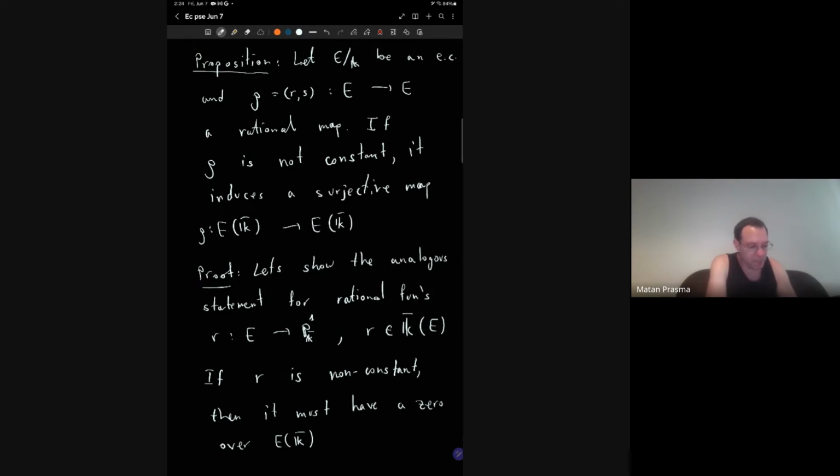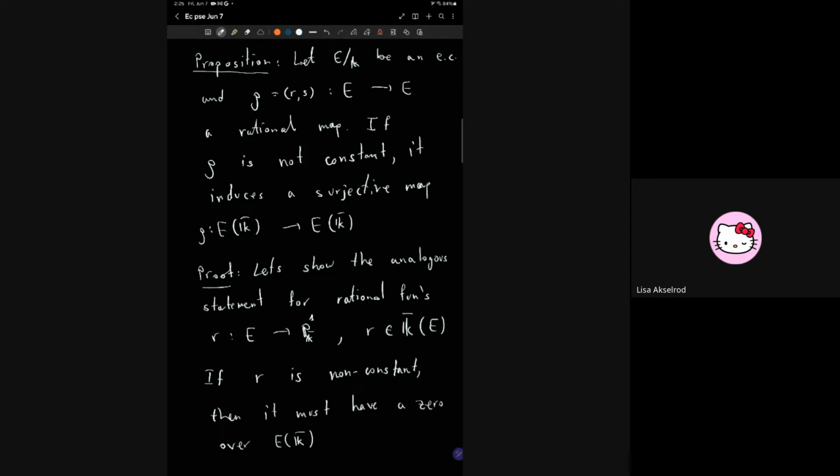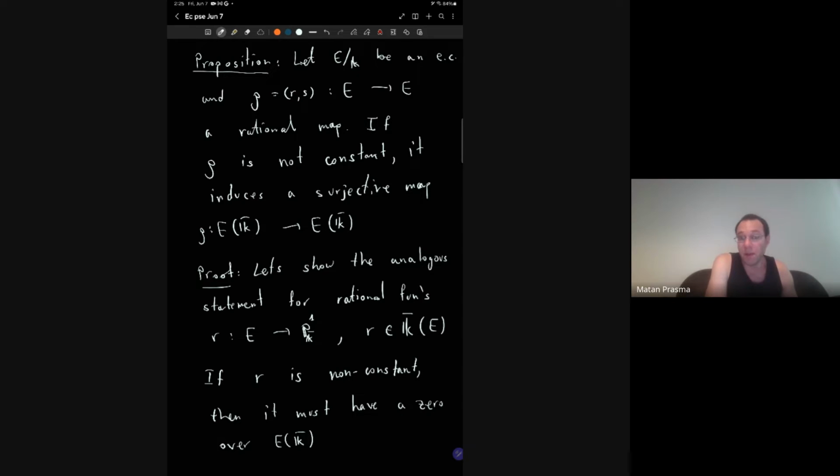And what is the reason? Why must a non-constant rational function have a zero? Because it's a quotient of polynomials, and polynomials always have a root, because they have a pole at the point at infinity.